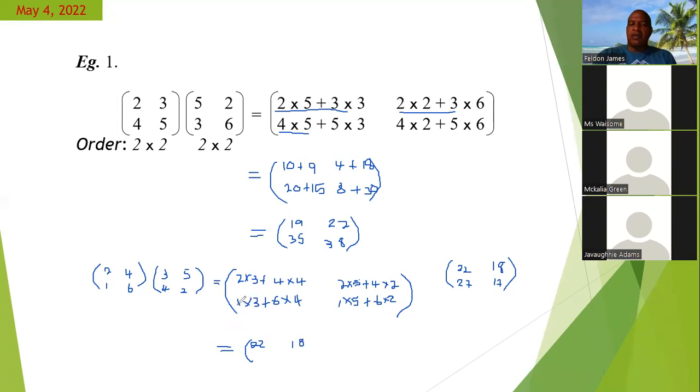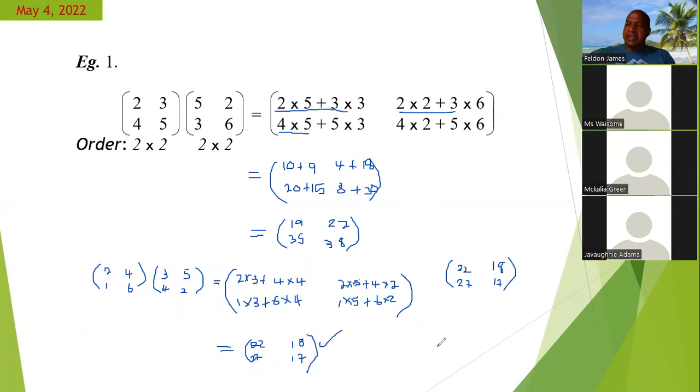And then we have 1 times 3, 3, plus 6 fours, 24, that gives you 27. And then now we have 1 times 5, 5, 6 times 2, 12, 12 plus 5 will give you 17. All right, so that would be the correct answer.